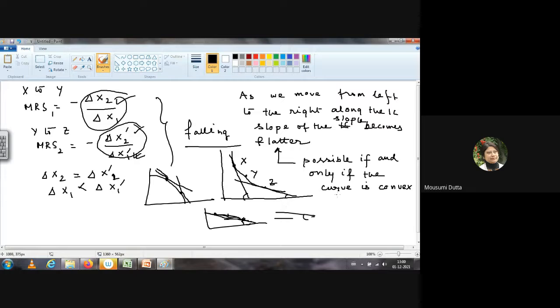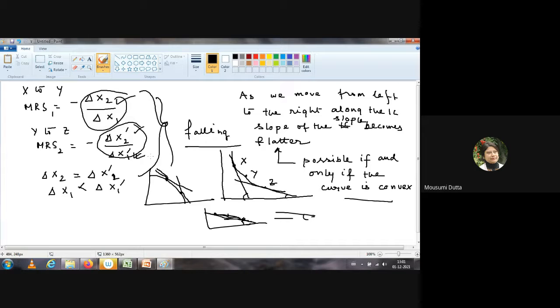So only with a convex curve will I be able to capture this mathematics. That is, as we are moving to the rightward direction, the slope is falling. This mathematics I'll be able to capture only with a convex curve.